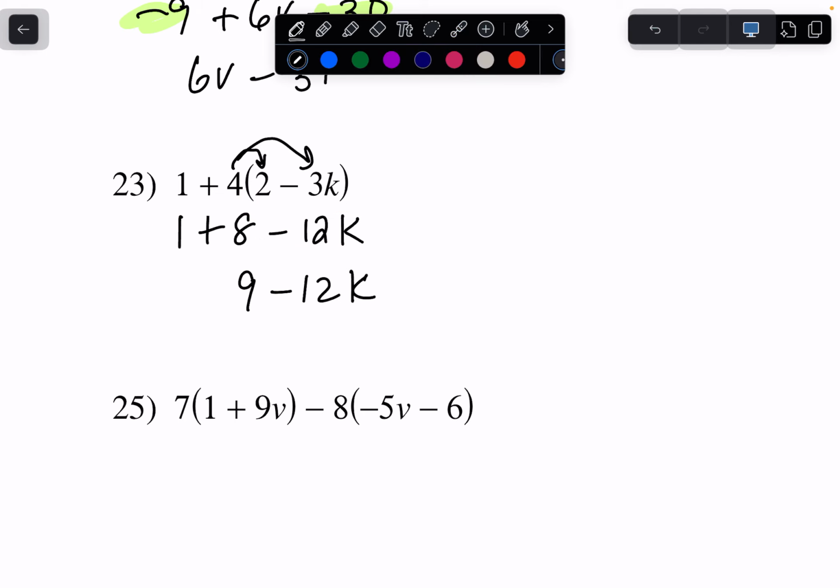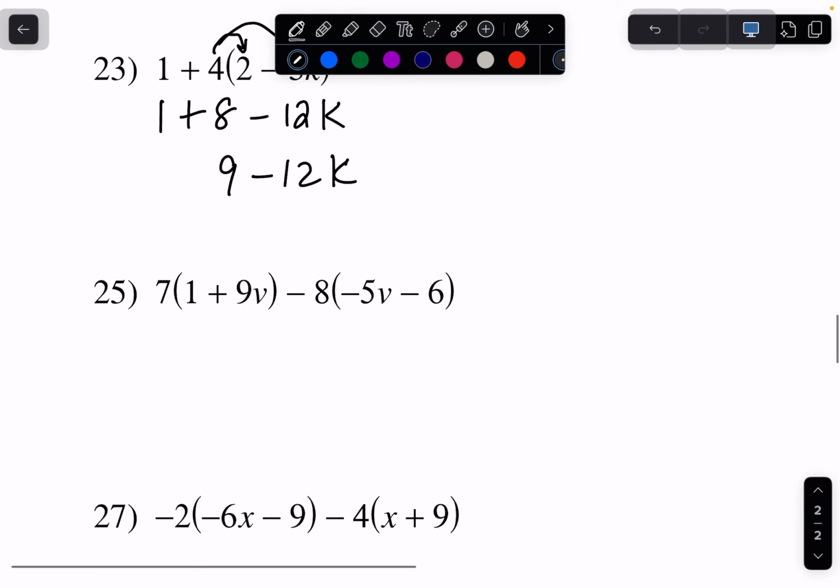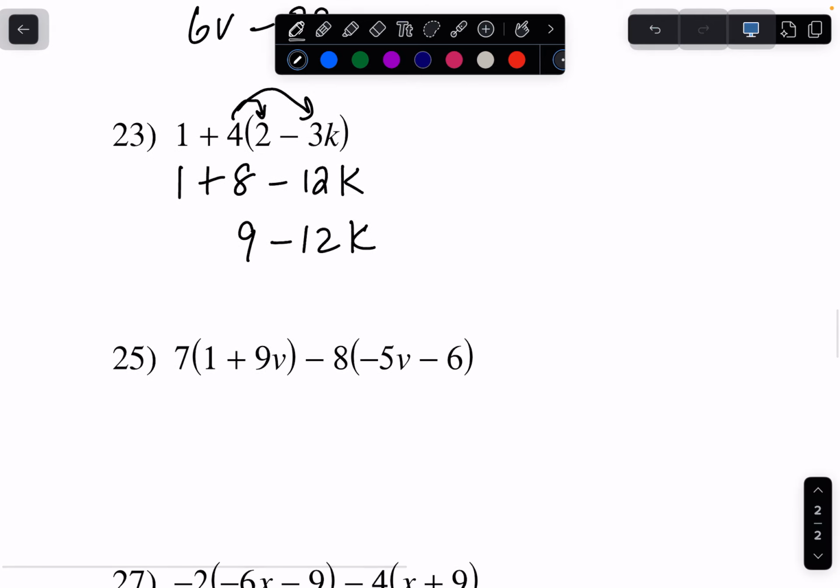Now, the quiz also had one very similar to 25 on it. This was the one that I noticed some people were really messing up. So I like that there's a 25 and 27 there because it's going to allow us to do some work together. Okay, so look at the parentheses. If they can be combined, combine them. If they can't, you're stuck using the distributive property. Distribute the 7.